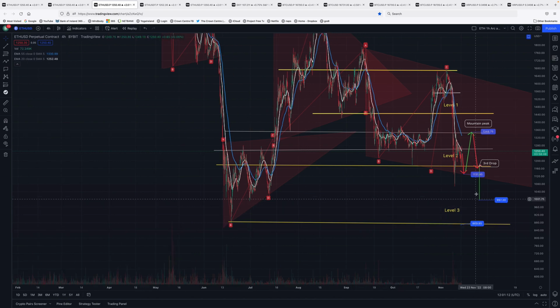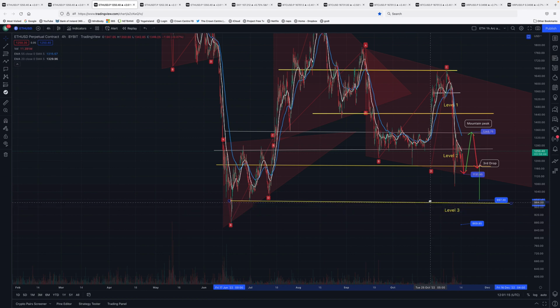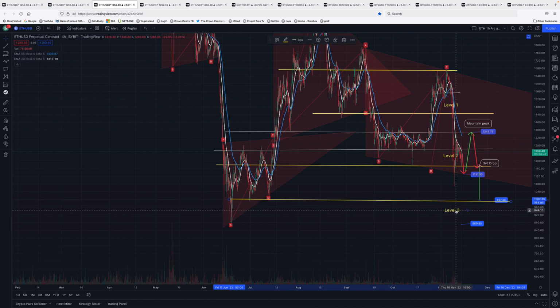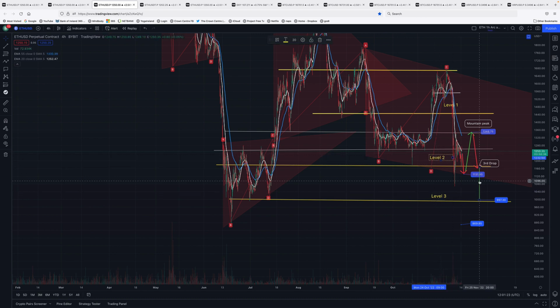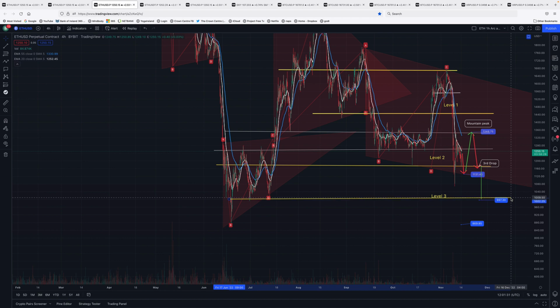Because of this target, I will be moving level 3 a little bit higher, because I think it makes sense with this accumulation. This is coming from this space, the breakout of that space downwards. It matches the daily levels, and this would be the new level 3 here, the 1000 mark.